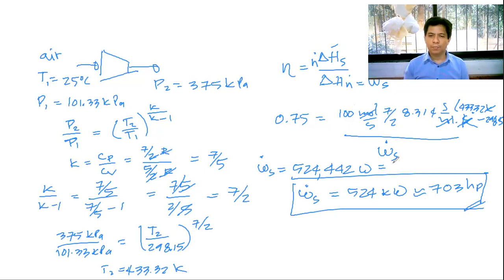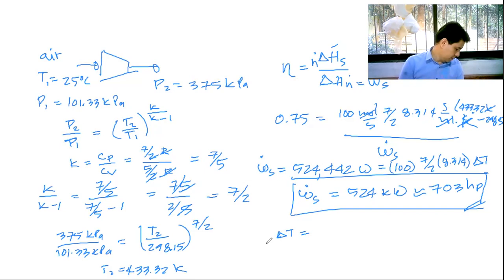So parang equate lang natin yung 524,442 watts equal 100 times 7 divided by 2 times 8.314 times delta T. So, makukuha nyo yung delta T dyan ay 180.